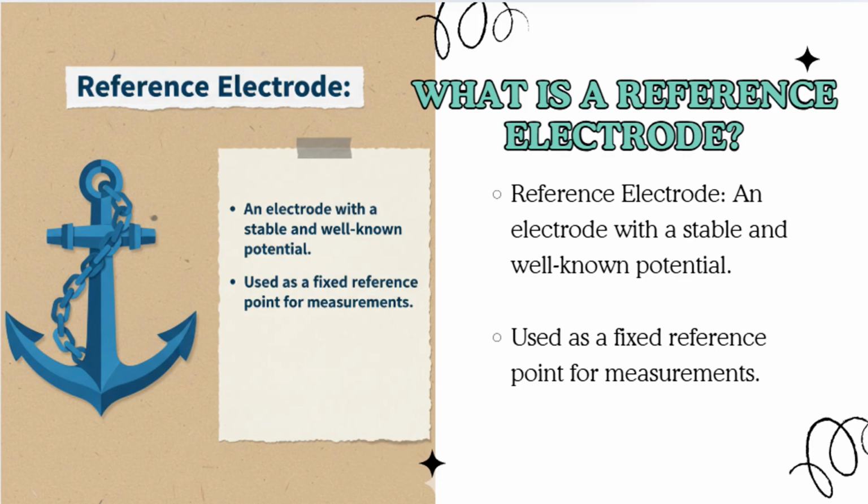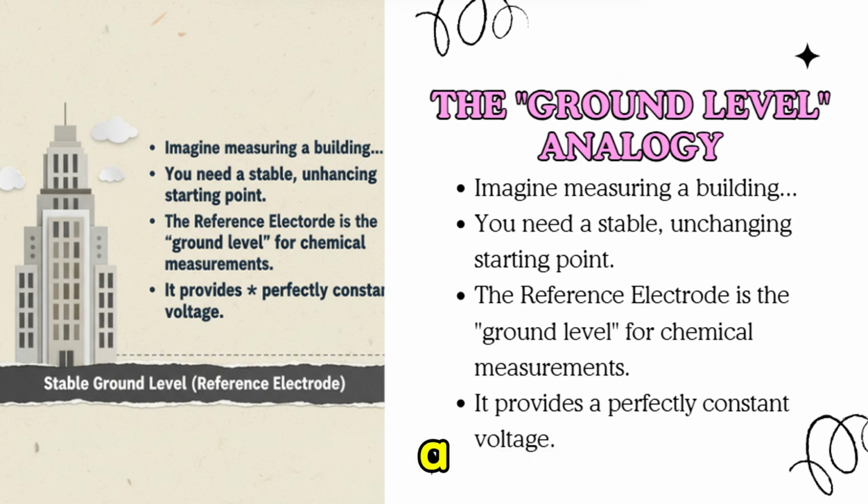Let's get started. First up, the reference electrode. Formally, a reference electrode is an electrode that has a stable and well-known electrode potential. So, what does that really mean? Imagine you're measuring the height of a building. You need a stable, unchanging starting point, right?